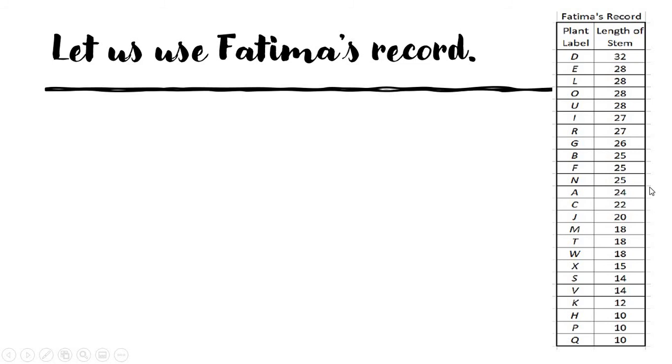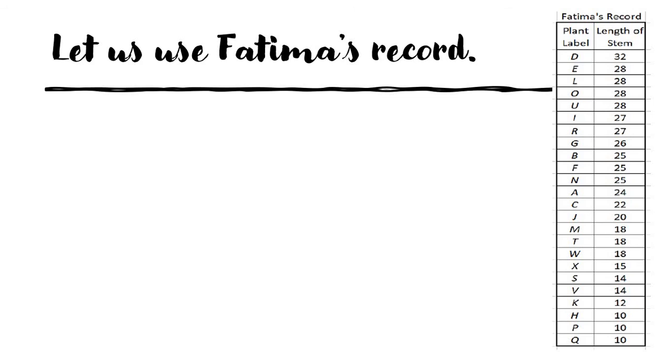So, sa mga data, ito yung madalas na ginagawa. Unang ginagawa, lalo na kung numbers ang pinag-uusapan. We arrange the numbers, the data from the highest to lowest or vice versa. Okay? So, kung saan kayo mas madadalian, parehas na pwede yun at tama.